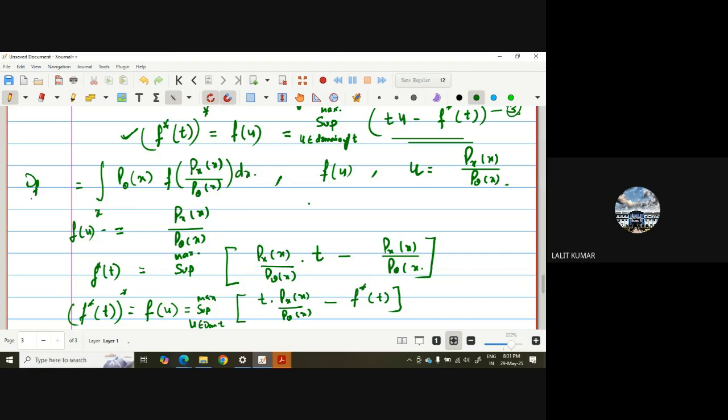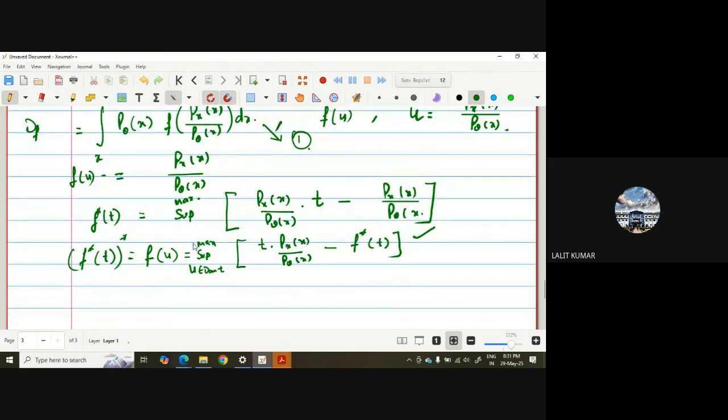So here I have replaced the function p_X(x) over p theta of x by this. Is this okay? What have you replaced? This p_X(x) over p theta of x, I have replaced by this.